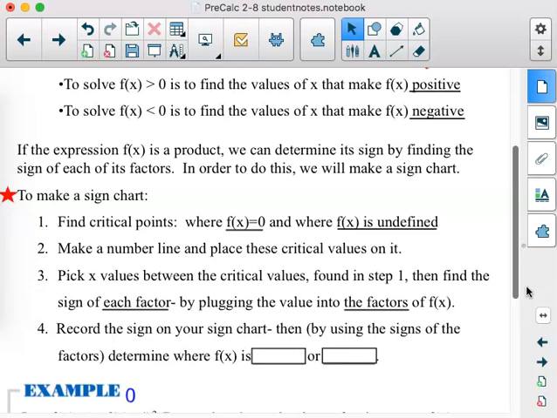Not trying to see what's the exact number that would come out of here, just trying to see would it be positive or would it be negative? Because if it's positive, it's above the x-axis, and if it's negative, it's below. Record the sign on your sign chart. Then by using the signs of the factors, determine where f of x is positive or negative.